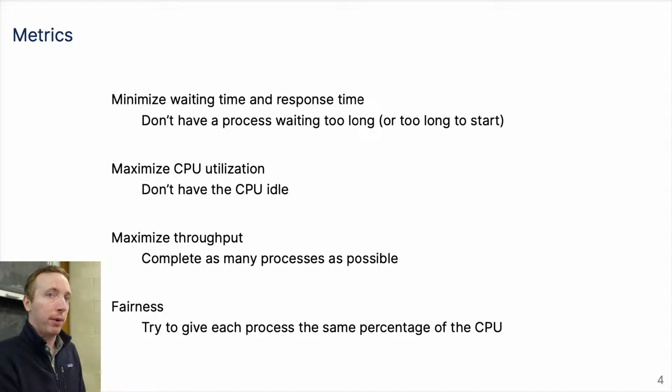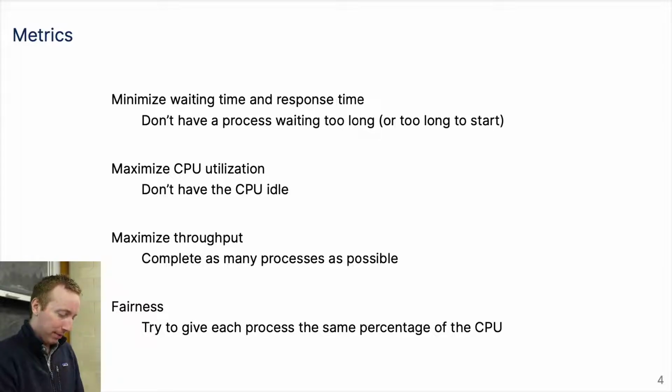And then waiting time is just the total amount of time that a process is waiting to run between when it starts and when it finishes. Then if you're the scheduler, you want to maximize CPU utilization as well. If you have 8 cores or something like that, you want to be able to use all of them. You don't want idle CPUs because they're not doing any useful work.